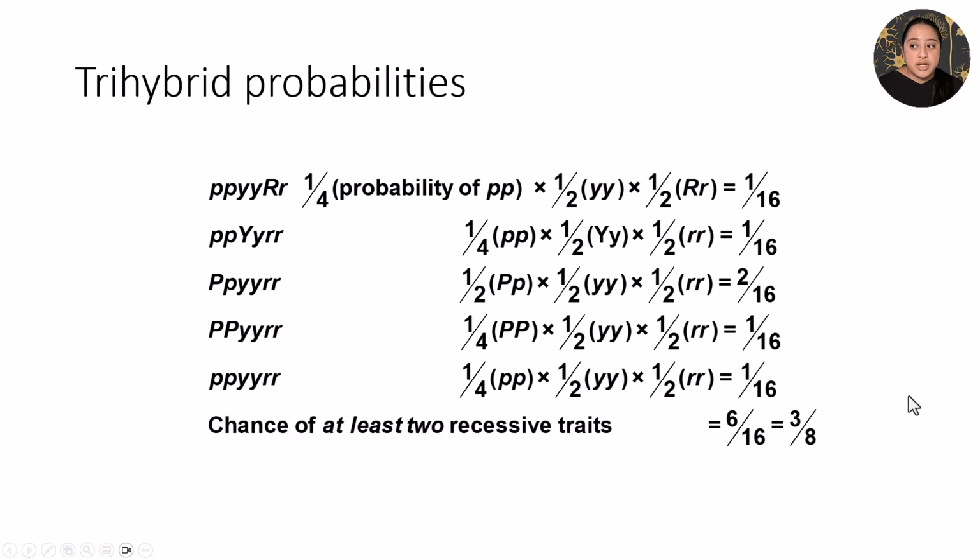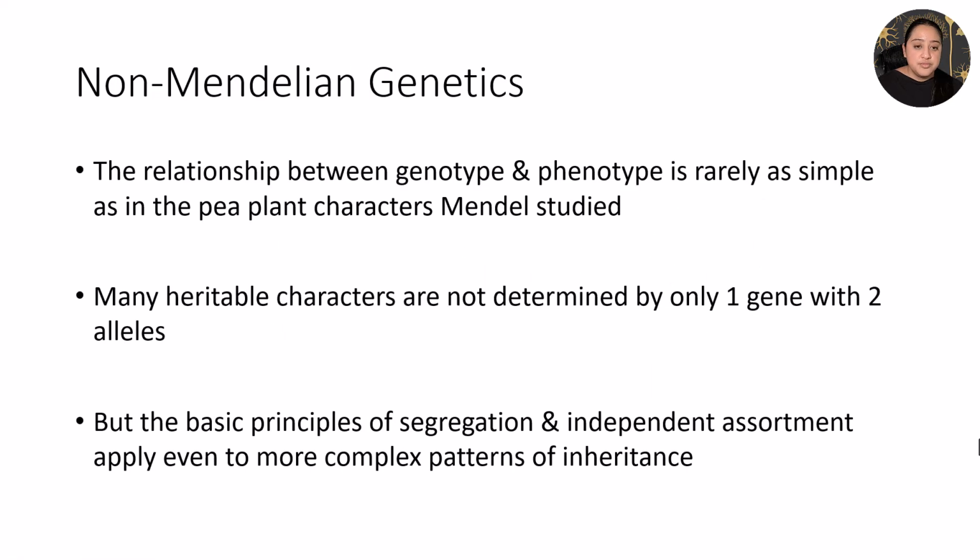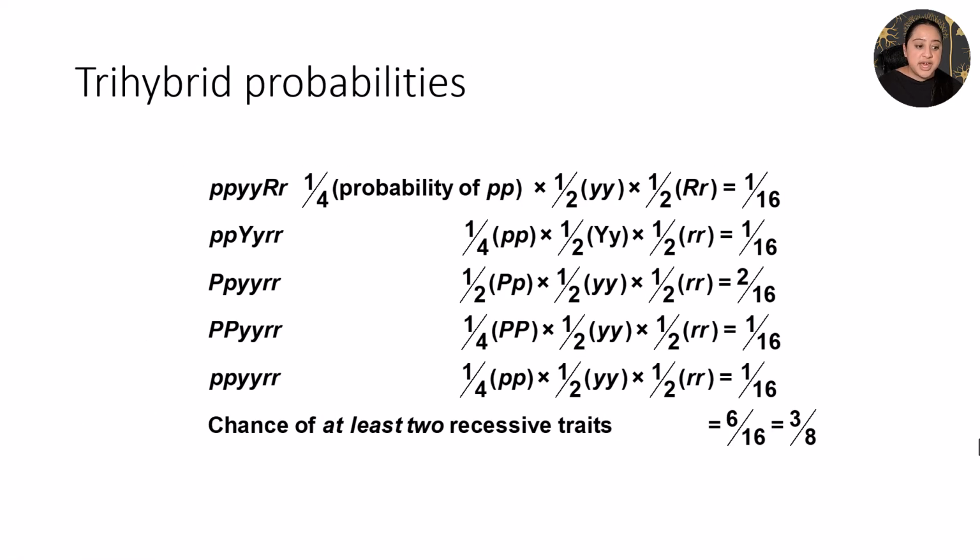And then if you wanted to think about what the odds are of at least 2 of these being recessive traits, then you can add up, okay, this would be a case that meets that criteria, this would be a case, this would be a case, and then you just add them. Okay, and so that is it for part 2.